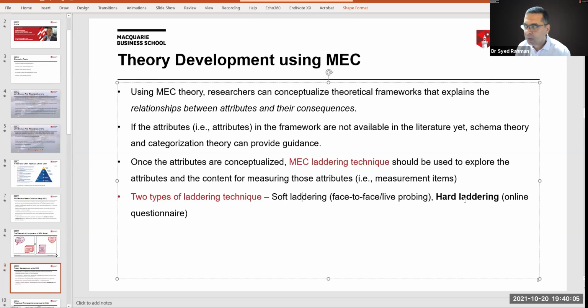So companies found that there is something called an online form or questionnaire that I can develop, collect data from everywhere, and then analyze at one point. It's a cost-saving approach. At that point, researchers like Tristan Gruber started to develop this process called the hard laddering process, and they adopted the same questionnaire, same process, but used it online.